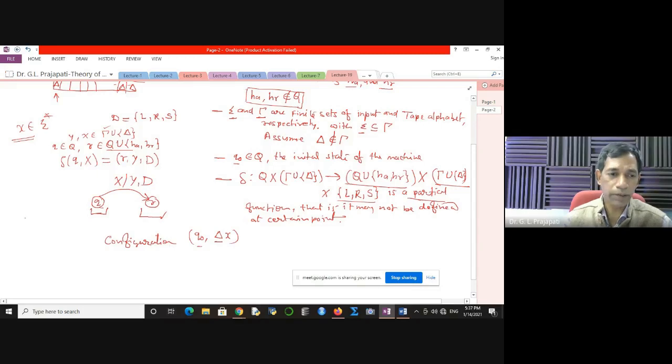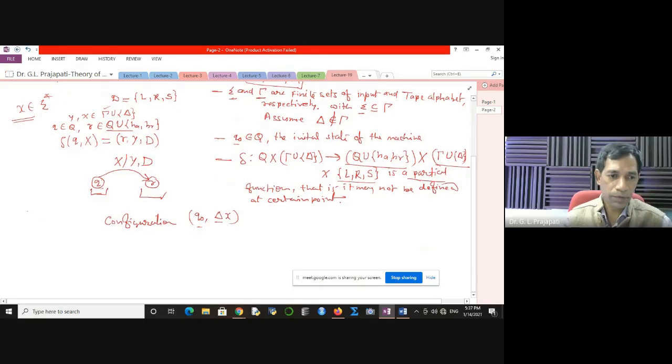Say you have Q X A Y; this is the configuration of a TM, denoted by writing the pair Q X A Y like this. Q is the current state.